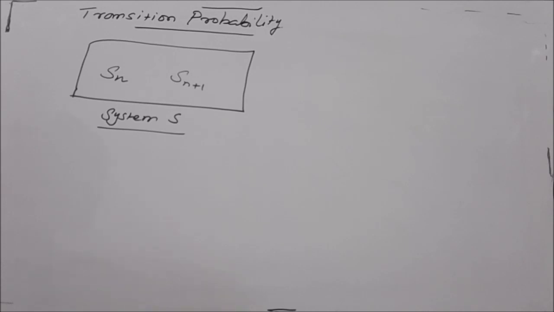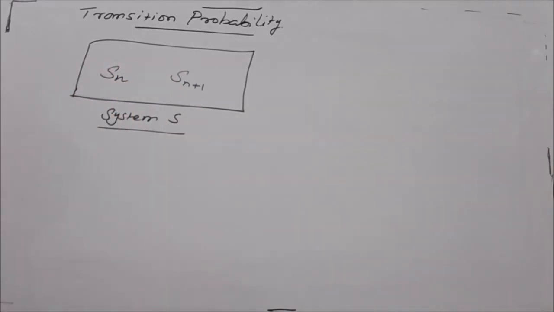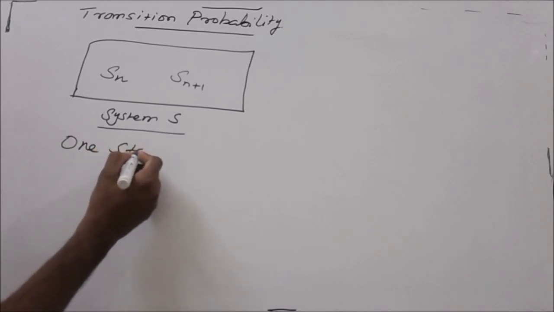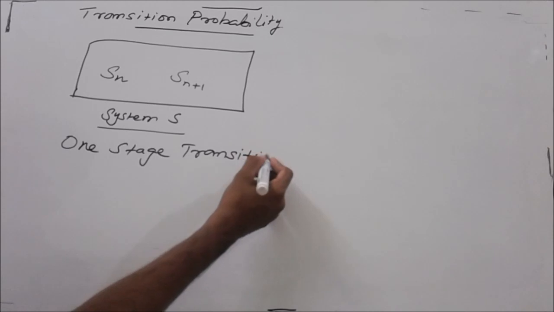This is known as one stage transition probability.